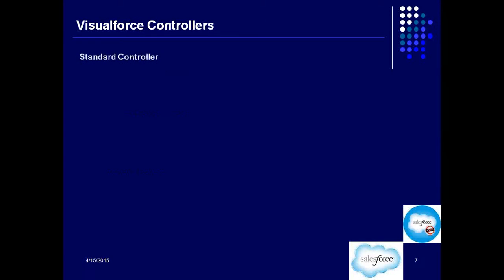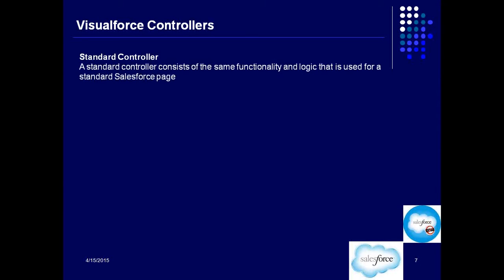So there are primarily 4 different types of controller. The standard controller consists of the same functionality and logic that is used for a standard Salesforce page. Salesforce has the standard and custom concept for everything: standard object, custom object, standard field, custom field.